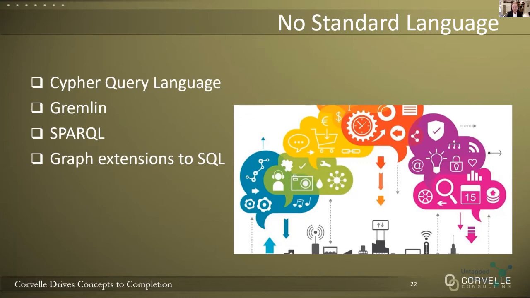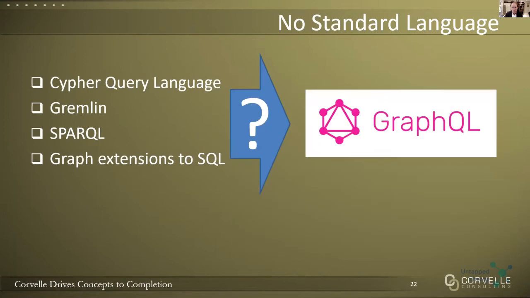The key point is that most vendors support some version of Cypher, Gremlin, or SPARQL. Now, every vendor, of course, claims that their version is superior, but this lack of standardization creates a lot of hassles. Fortunately, most of the vendors are participating in ISO and W3C standards development efforts. And there's some hope that they're moving towards adopting a standardized language called GraphQL.